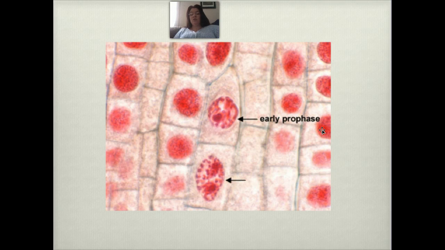So a place where transcription is occurring at that moment. So this is a nucleus that's in prophase. Here's its nucleolus. This is a nucleus that's in prophase, and it has two nucleoli. The chromosomes are condensing. The spindle apparatus is forming out here. We just can't see it. And the nuclear envelope is still in place.